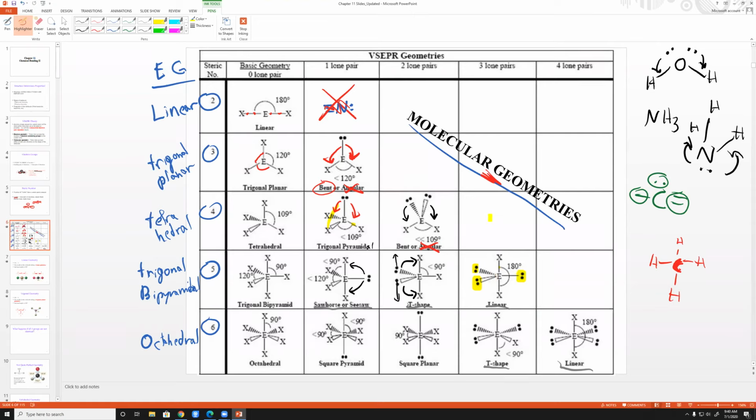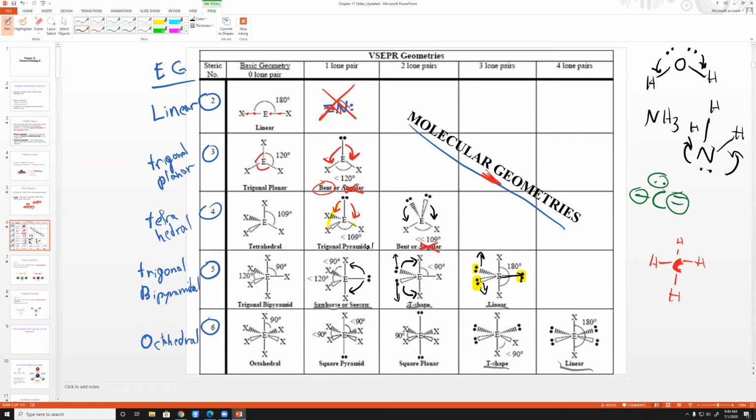What this does is it creates a repulsion in the other direction. So I kind of figure this as these electrons are going towards us, these are going away from us, and this one's going directly this way.